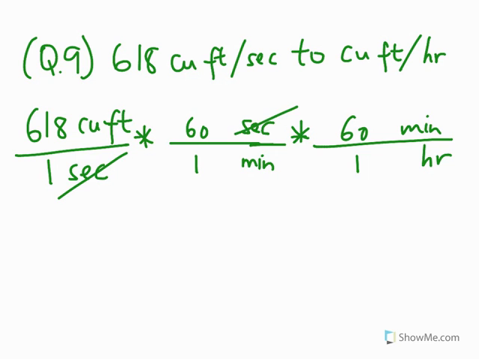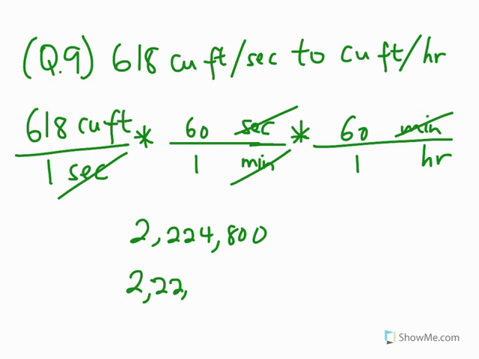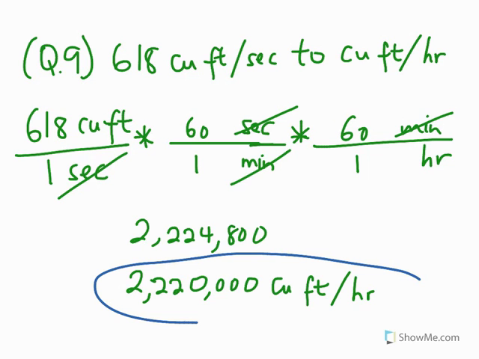Second crosses out second, minute crosses out minute. So when we multiply, we have 224,800. But this is 3 significant digits, so we will have 2,220,000 cubic feet per hour. And this becomes our answer.